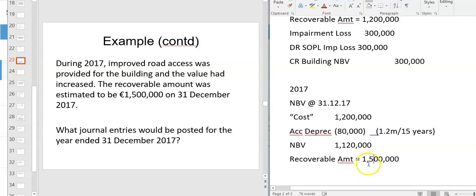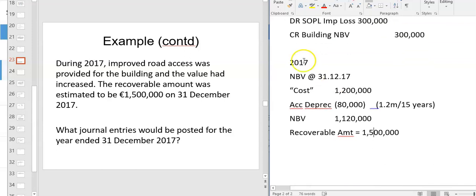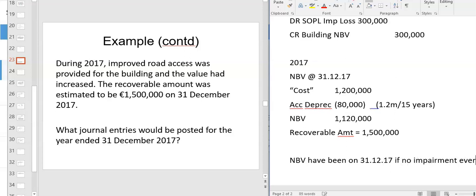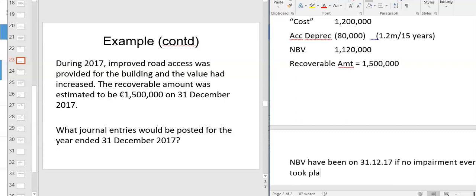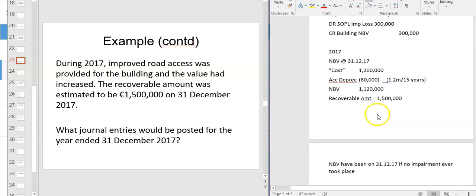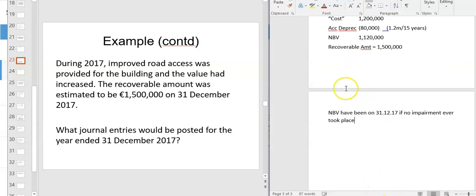Because hold on, if there was never an impairment in the first place, what would the net book value have been at the end of 2017? That's how much you can only bring it up by. So that's an increase here, 380. But you have to compare what the net book value would have been on the 31st of 12, 2017, if no impairment ever took place. And that's an important question because that will limit what you can actually show.